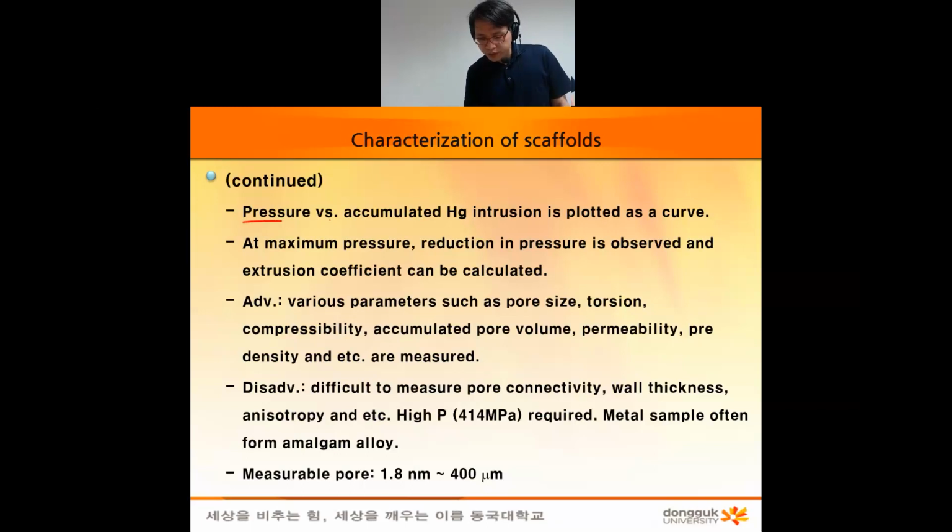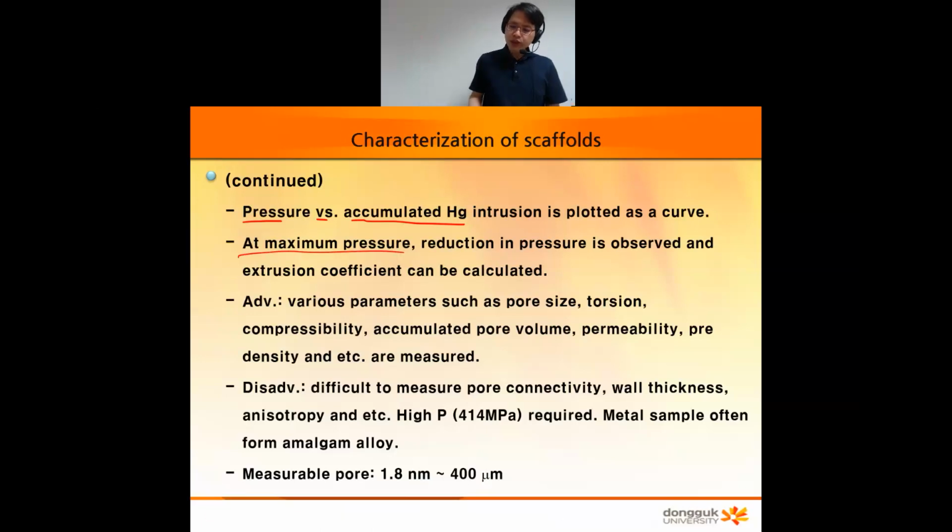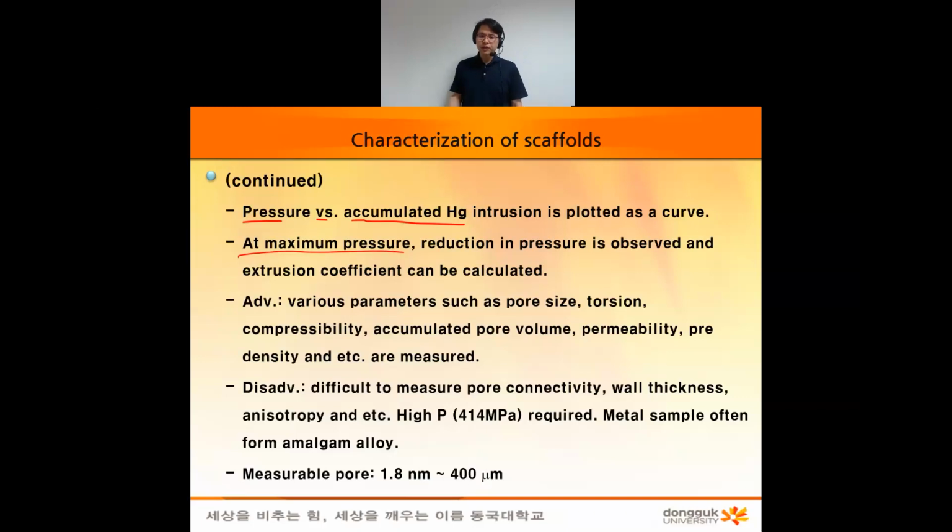Pressure versus accumulated mercury intrusion is plotted as a curve. When the accumulated mercury intrusion is high, it means the porosity is very high. At maximum pressure, reduction in pressure is observed because of the extrusion of mercury, and extrusion coefficient can be calculated.